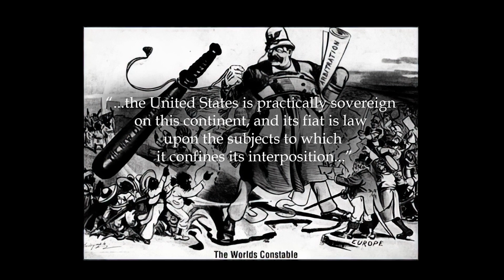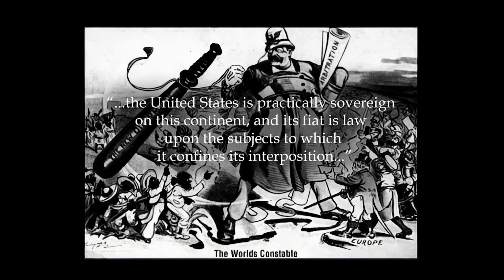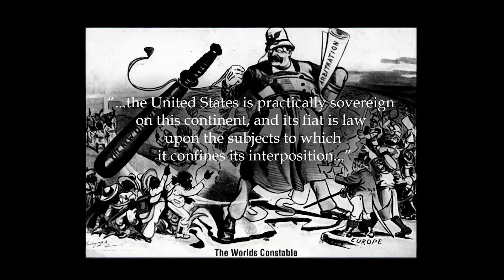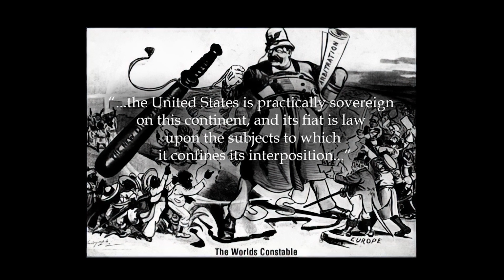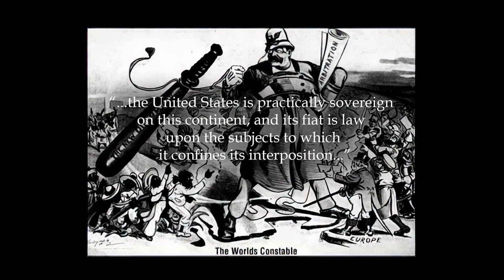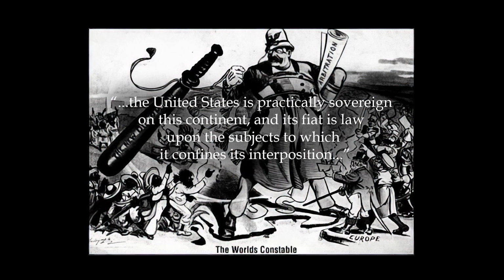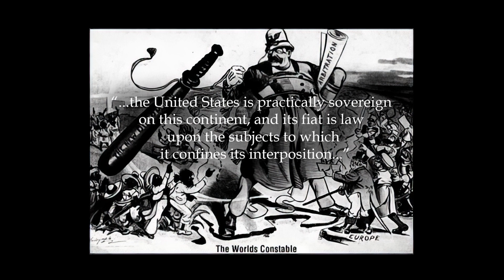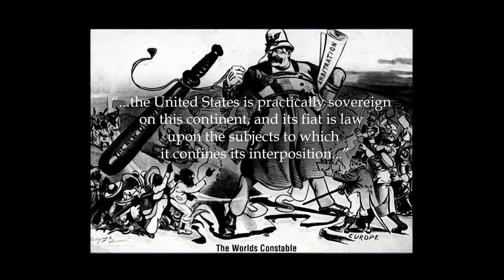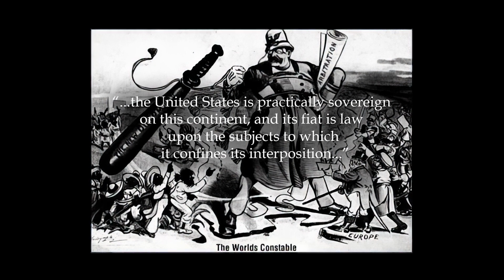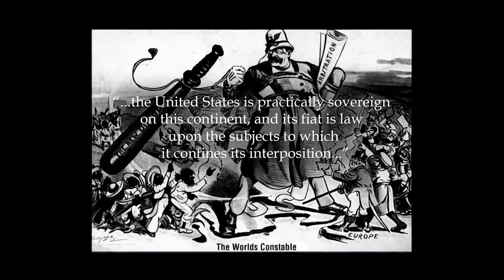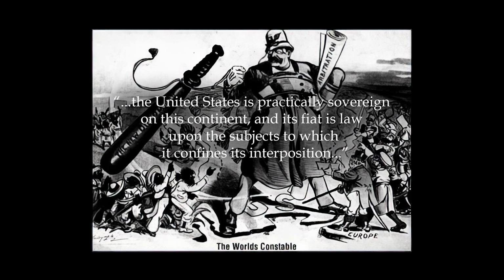Thus, in Olney's words, when the United States makes a decree regarding its sphere of influence, it is in essence asserting a godlike hegemony. This interpretation of the Monroe Doctrine through the Olney Corollary marked a significant evolution in American foreign policy. It claimed an almost divine right to dictate terms within its hemisphere, asserting a level of control and influence that went beyond traditional notions of sovereignty.